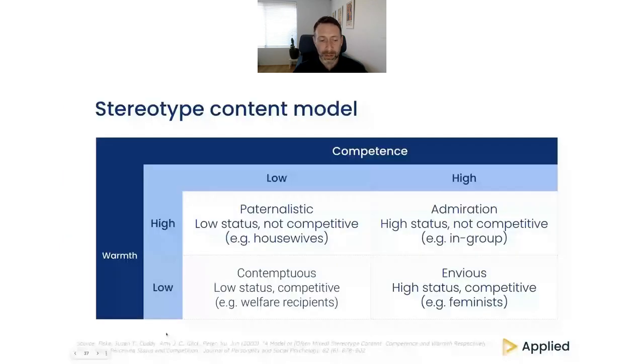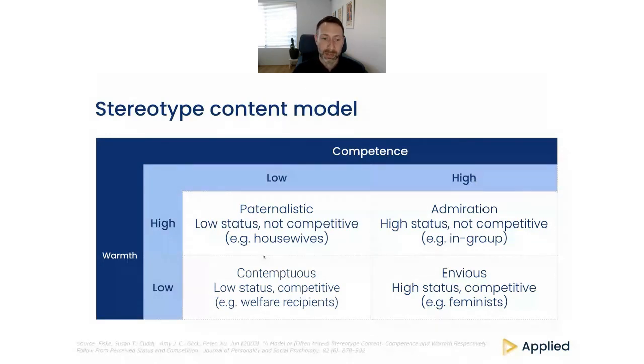This study here from Fiske et al. asked a whole bunch of students to talk about different groups of people, different stereotype groups, and to place them on this matrix where you have the warmth of a group, high or low. So how likely are they to be friendly or helpful, or vice versa? And then competence, how likely are they to be able to get things done, get things sorted, high or low?